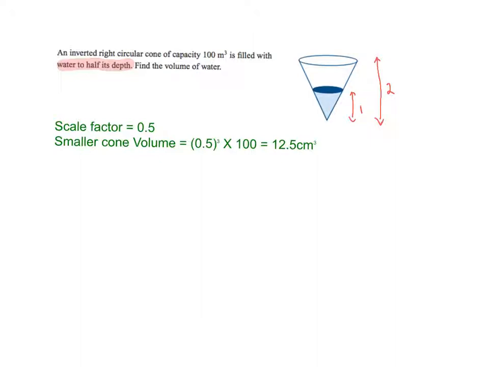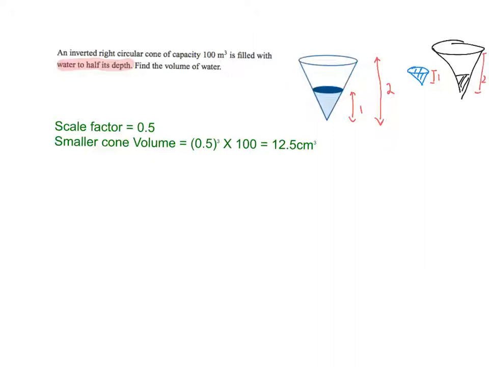So really, the two similar figures that you've got are the one with the water in it, and then the similar figure is the whole big cone, the one with everything combined. So what you've actually got is a little length ratio there. You've got 1 to 2.